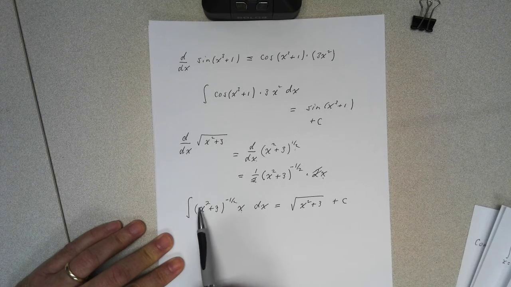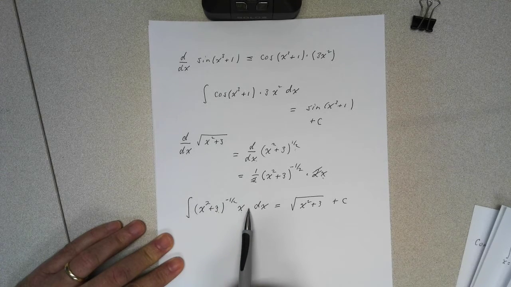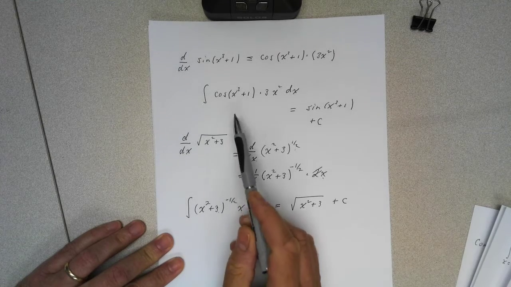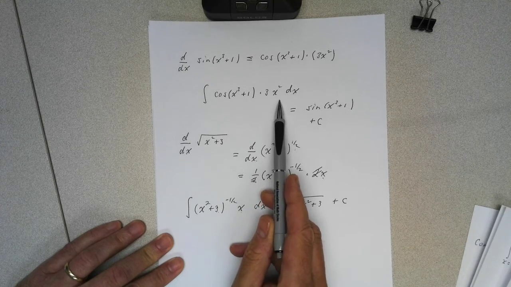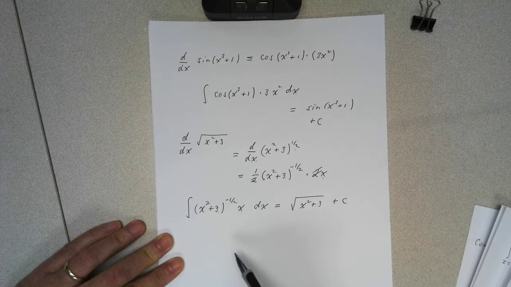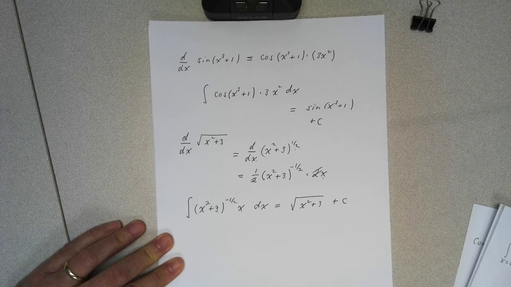So for example, if we look at x squared plus 3 and we take its derivative, we get 2x, which is close to this, except it's missing a constant. If we take the derivative up here of x to the third plus 1, we get 3x squared. So in each of these examples, we have the product of two functions, and somewhere the derivative of one expression is appearing. So this is the idea of integration by parts, is to capitalize upon this fact.